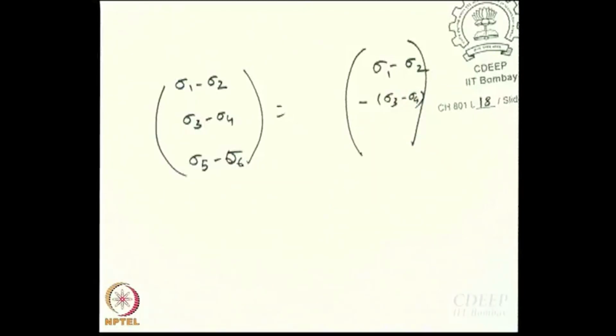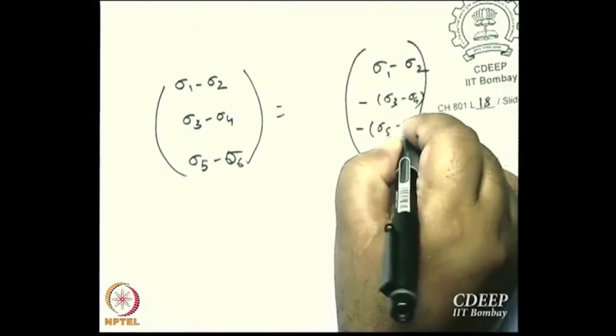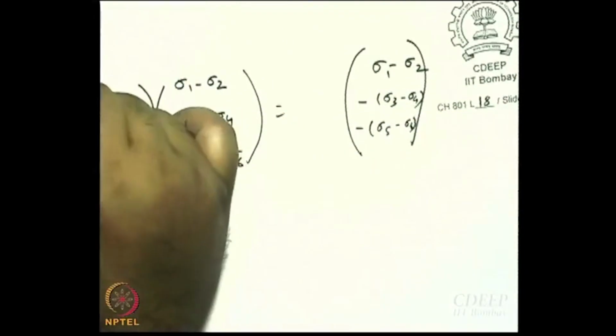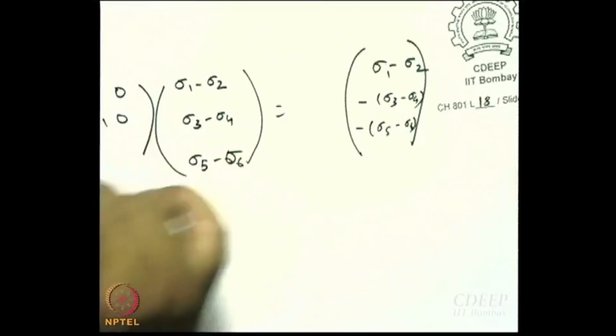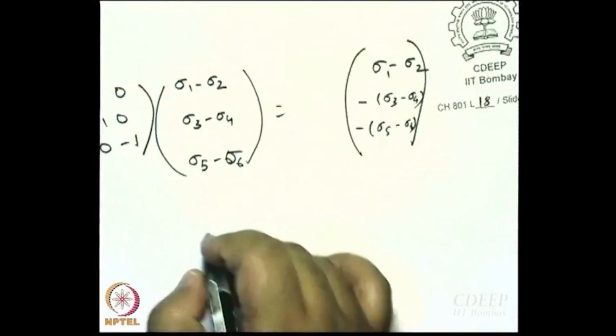Sigma 5 minus sigma 6 becomes minus sigma 5 minus sigma 6. So what is the transformation matrix? 1 0 0, 0 minus 1 0, 0 0 minus 1. What is the character?